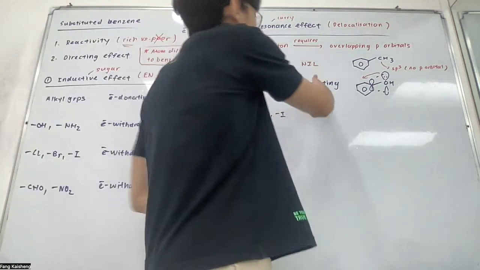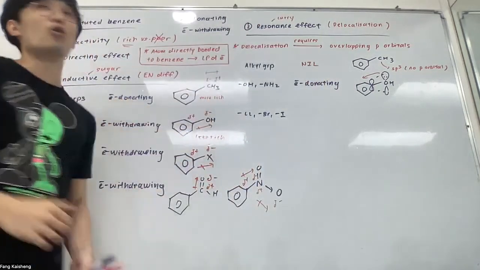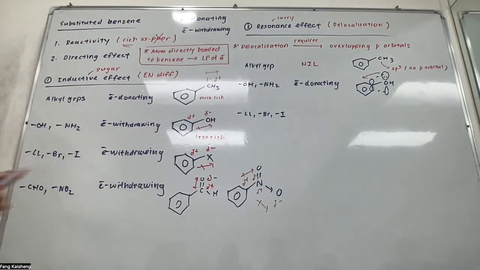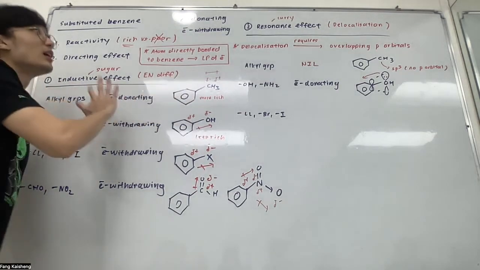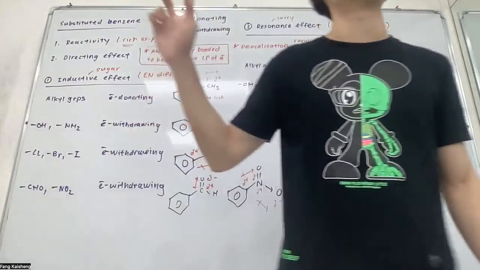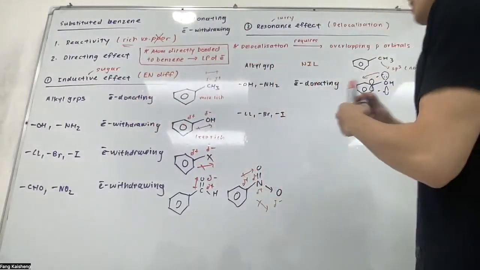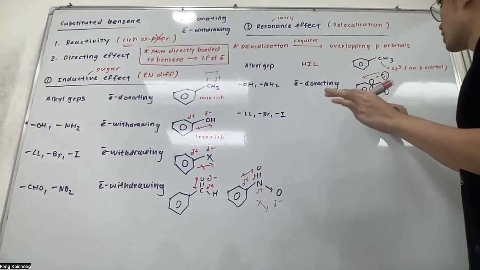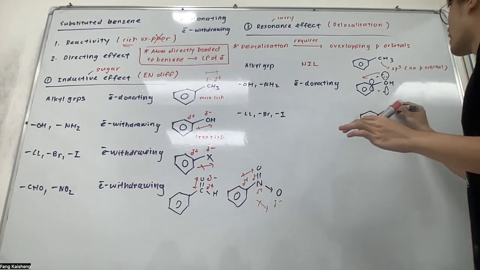Because donating makes the ring more rich in flavor, in that sense. Can you see that? So we have 2 conflicting effects. Later we will come to the overall. For now, you all just focus one by one. Any questions? Okay, halogens are very similar. Can you tell me, do halogens have any lone pairs?